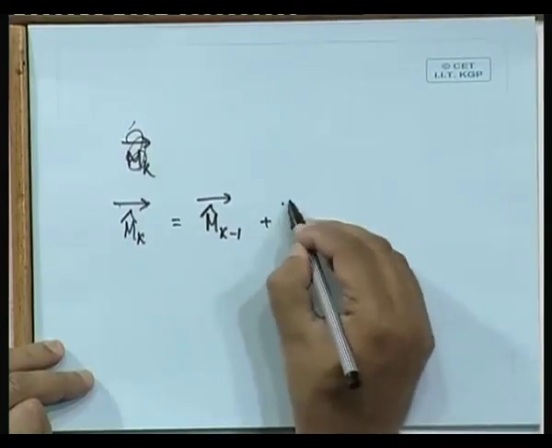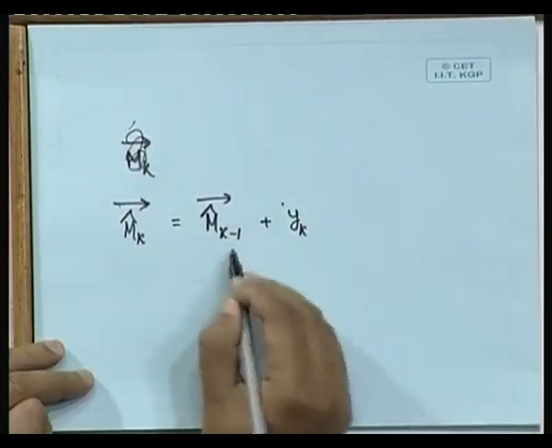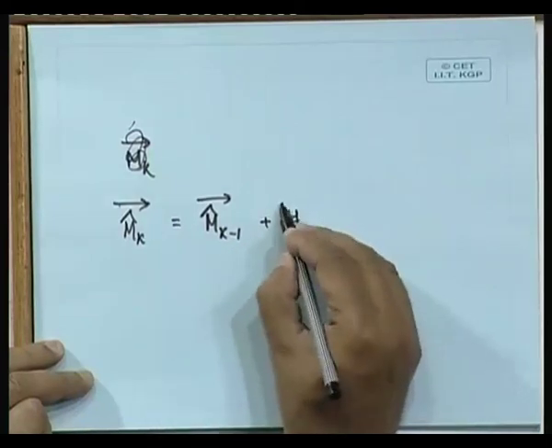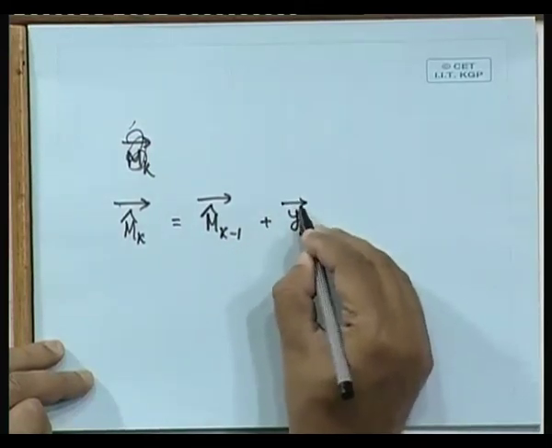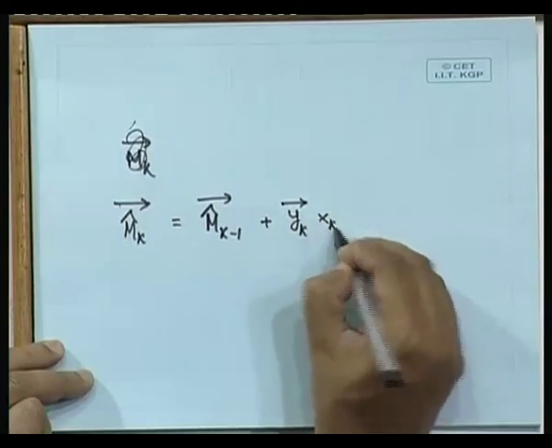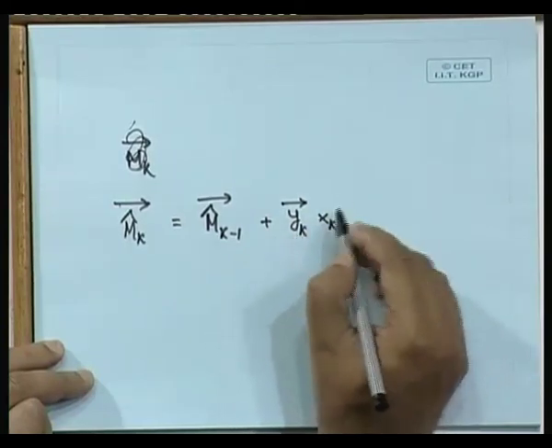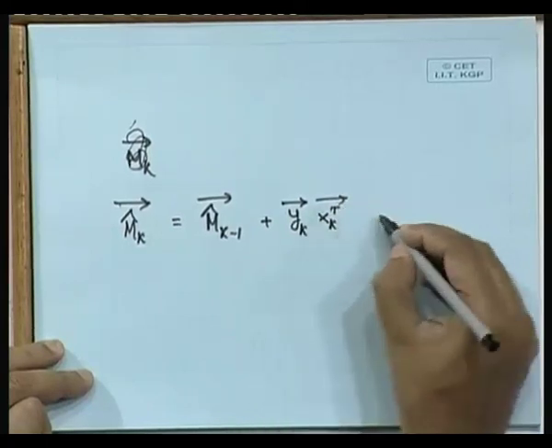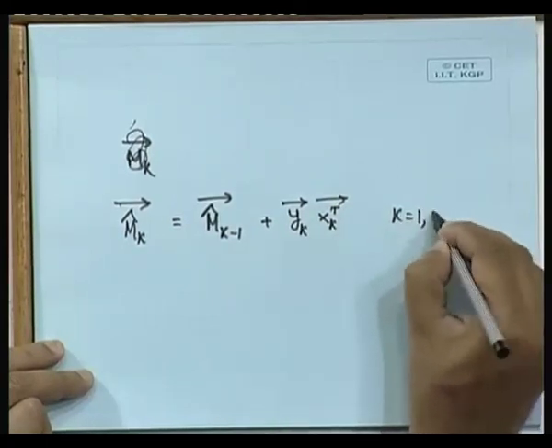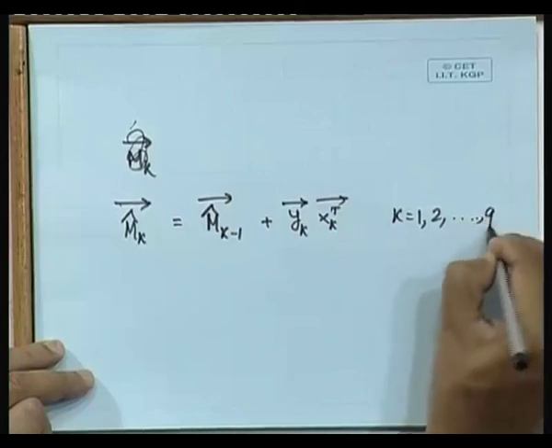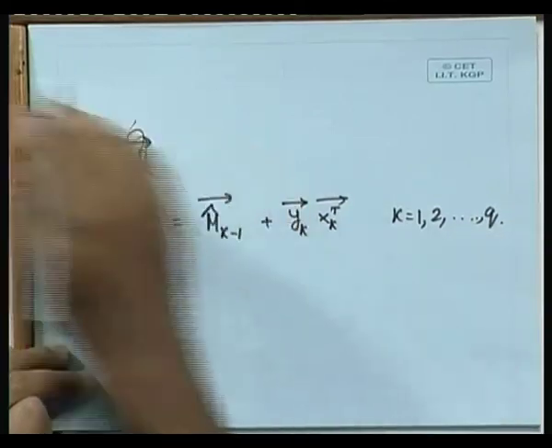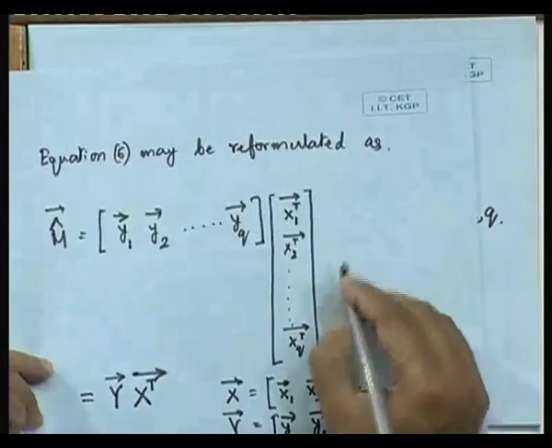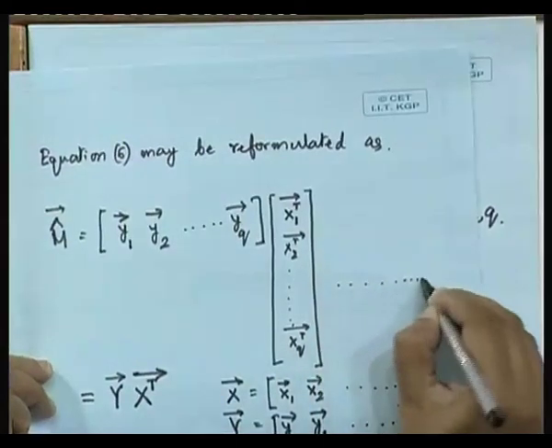So, you have fed the kth pattern. This was the earlier experience gained, and you have now fed the kth pattern and you are taking the outer products of the response and the stimulus, okay, and this you are going to have for k is equal to 1 up to q. So, this is nothing but a recursive form of equation 7.